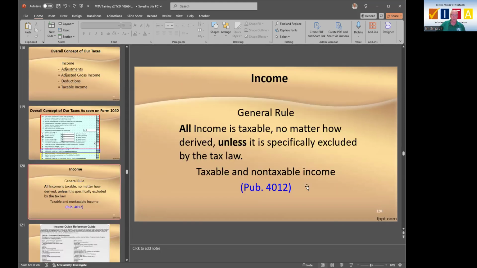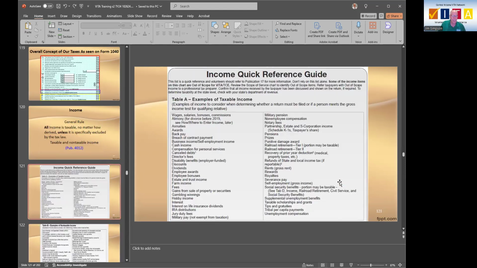Okay, as I said, here's the general rule. All income is taxable no matter how derived, unless it is specifically excluded by the tax law. So now go to publication 4012, go to tab D, and right there table A is going to give you examples of taxable income.